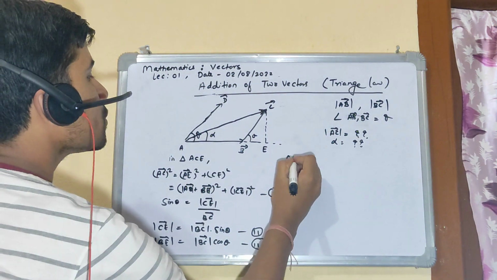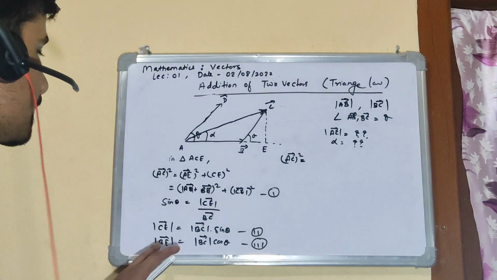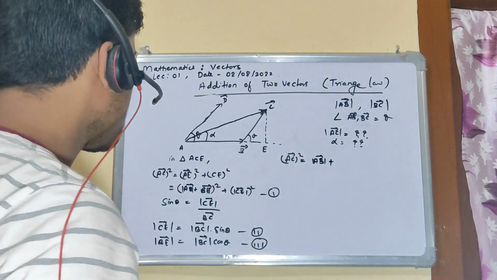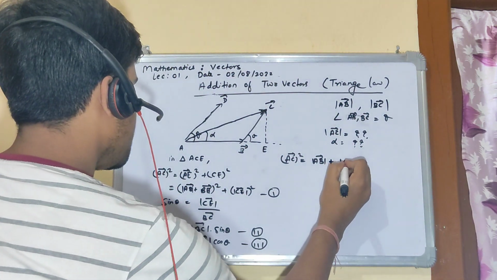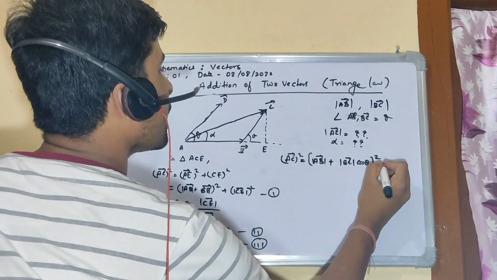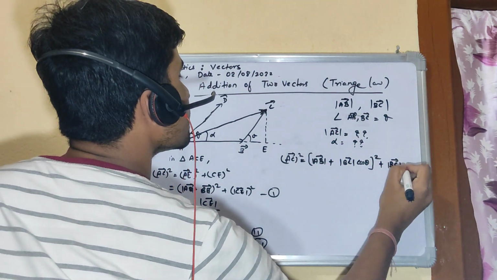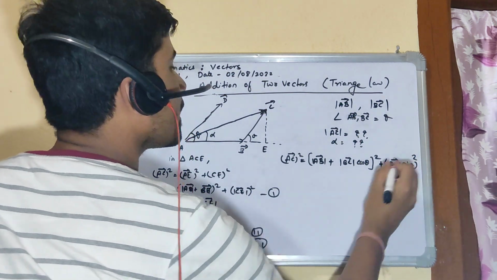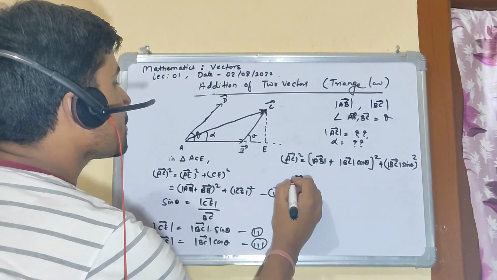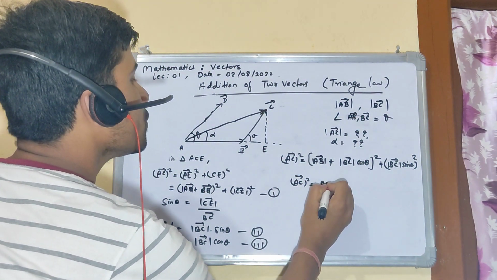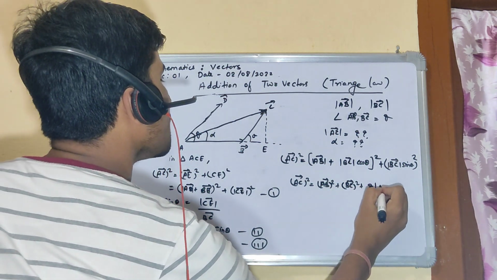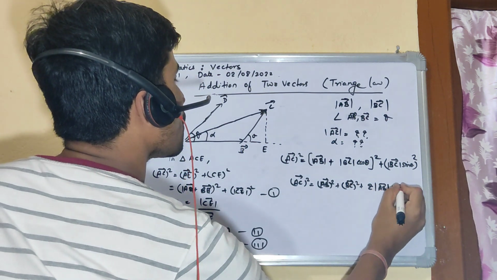So AC magnitude square will be what? AB vector mod plus BC vector cos theta square plus BC vector sin theta square, right? Now you can easily solve it. If you solve it, you will get AC vector square, all magnitudes, equal to AB vector square plus BC vector square plus 2 mod of AB BC cos theta.